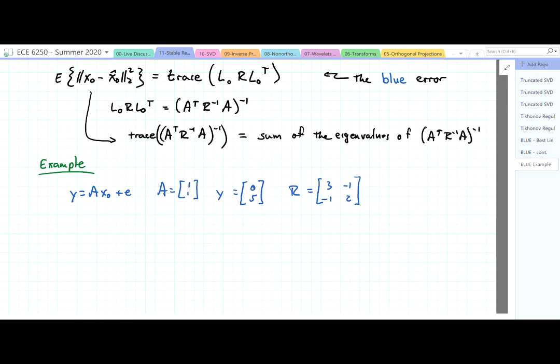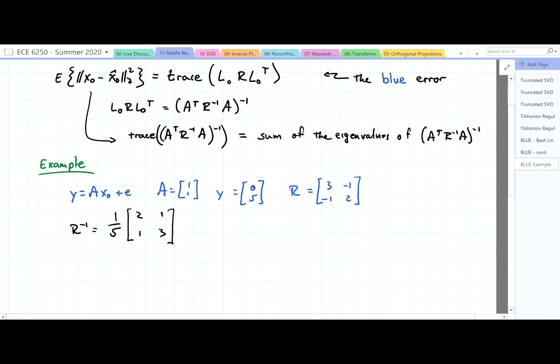So the first thing we need to do is find our inverse, and we get 1 over 3 times 2, 6, minus negative 1 times negative 1, so that's just 1/5. Then we negate the off diagonals and swap the diagonals for a 2 by 2, and there we are.